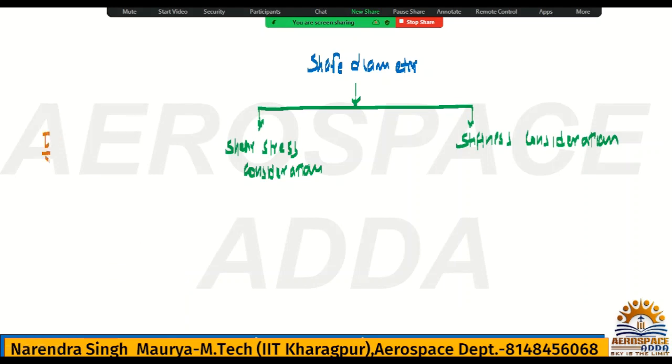Tau by R is equal to T by J is equal to G theta by L. Here we have shear stress, tau by R is equal to T by J, hence it is called shear stress consideration.